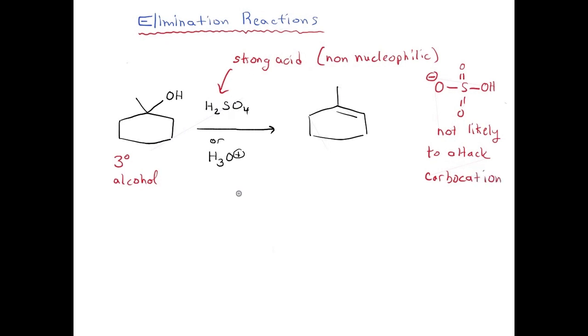So in the SN1, remember that we need a nucleophile to attack a carbocation, but if we use a strong acid like H2SO4, which is going to generate our conjugate base HSO4 minus, this is not going to attack the intermediate carbocation. So H2SO4 or H3O plus as a reagent will essentially amount to the same thing, and this is the elimination product, and this is minor.